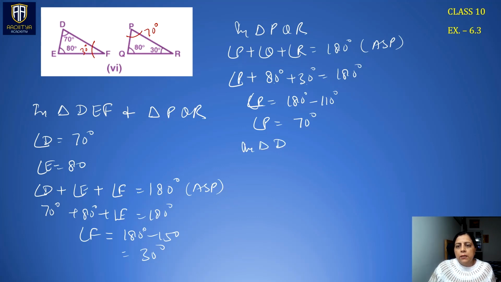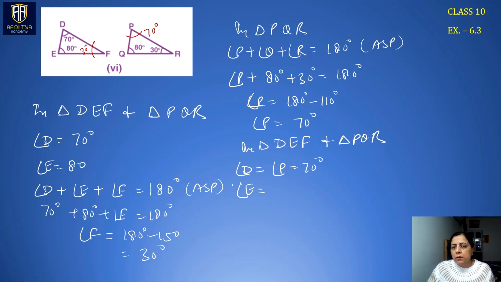In triangle DEF and triangle PQR, angle D is 70, and angle P is 70. Angle E is 80 degrees, and angle Q is 80 degrees.